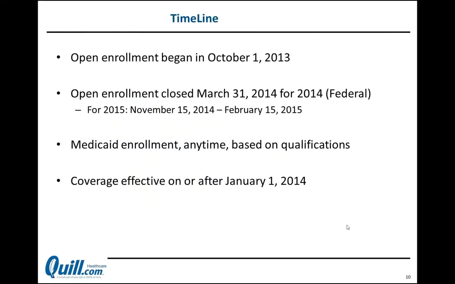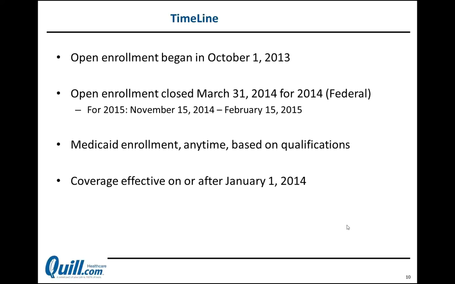So the timeline is that the way it rolls out is we already had the first open enrollment period back on October 1st of 2013, and I don't have to tell you all that was written at the time about the computing systems and so forth that people were trying to sign up, but eventually that got shaken out.